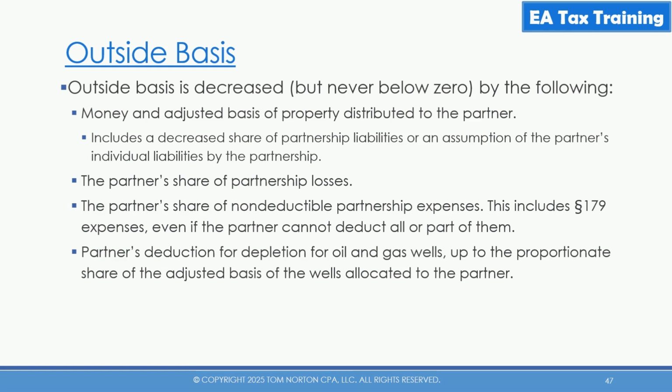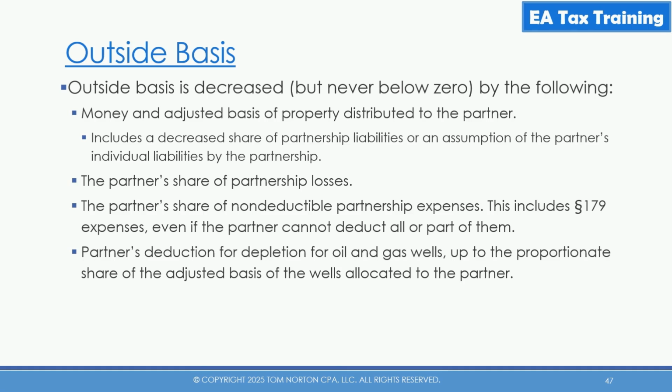This also includes a decreased share of any partnership liabilities or an assumption of the partner's individual liabilities by the partnership. So if the partnership's liabilities go down, then the partner's basis goes down. And if the partnership assumes a liability of one of the partners, then that partner's adjusted basis in the partnership will go down.